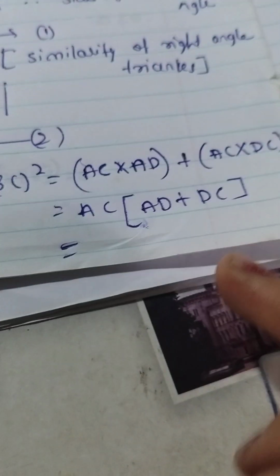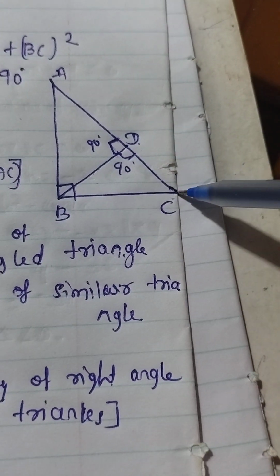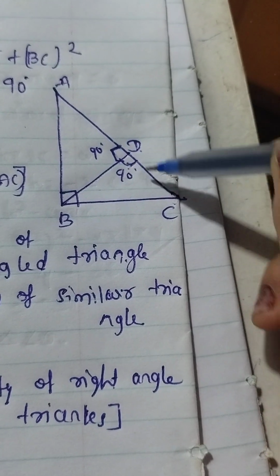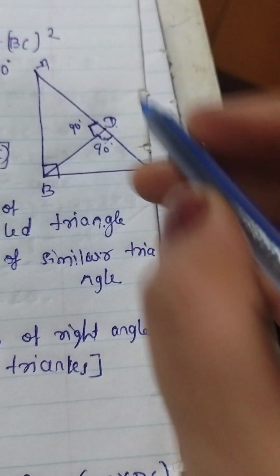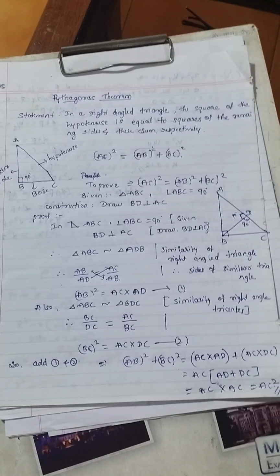Next, AD plus DC. See here, AD plus DC means it is AC. So instead of AD plus DC, I will write AC. So AC into AC. This is AC square. Hence proved, because AC square is equal to AB square plus BC square. This is our Pythagoras theorem. If you want, you can take a screenshot.